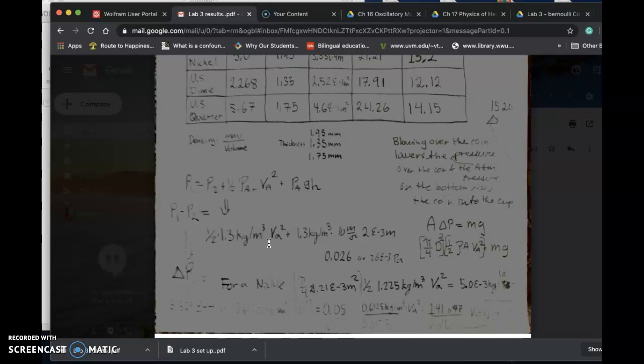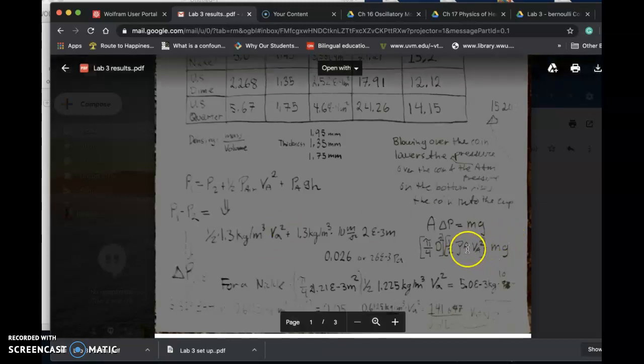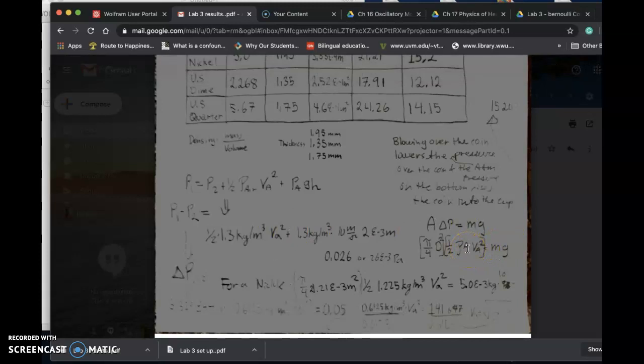We can rewrite it as pressure 1 is equal to pressure 2 plus 1/2 of the density of air times the velocity of air squared plus the density of air G H. Now, if we move both parts of pressure over to one side, we get the delta P. And then that, coupled with the area of the coin, which you can see over here, equates to the mass of the coin times gravity.